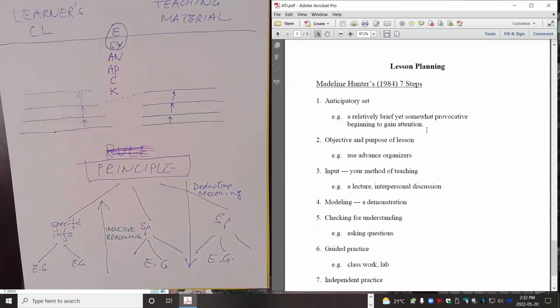How do you prepare the anticipatory set or somewhat provocative beginning? For example, you say, what would you do if a big boy hits you on the face? Anyway, so Hunter suggests a relatively brief yet somewhat provocative beginning to gain students' attention.